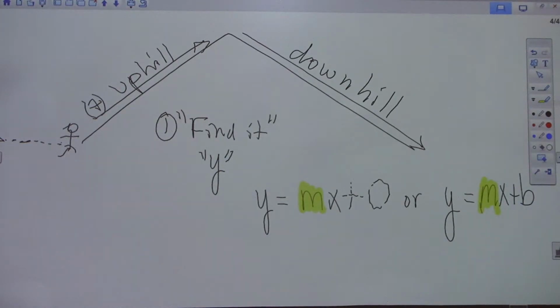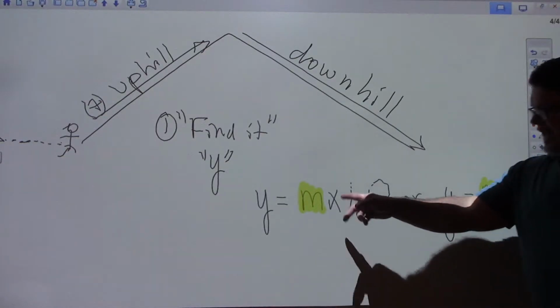So if you have y by itself, if you solve an equation for y, and you get y all by itself, then whatever's in front of that x is your what? Slope. Now that's if you find it, and we'll get into that later. Find it by solving, and then how do you get that number?